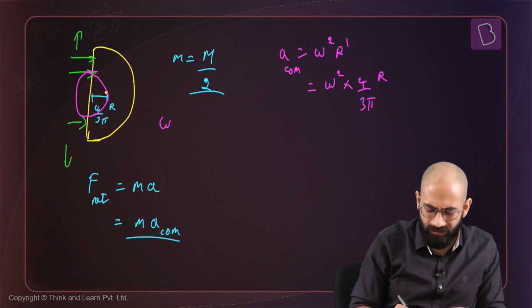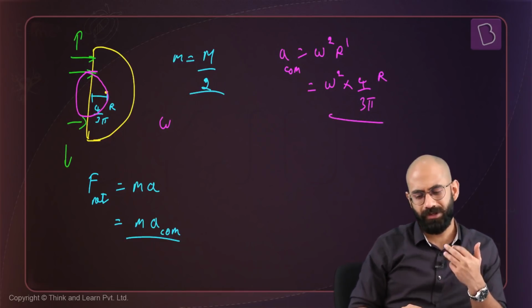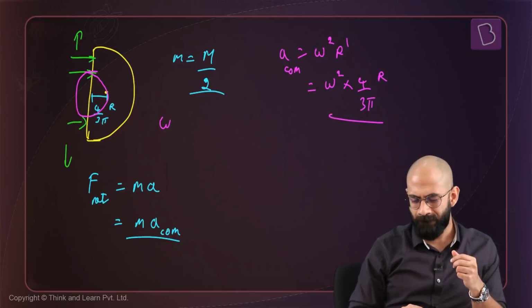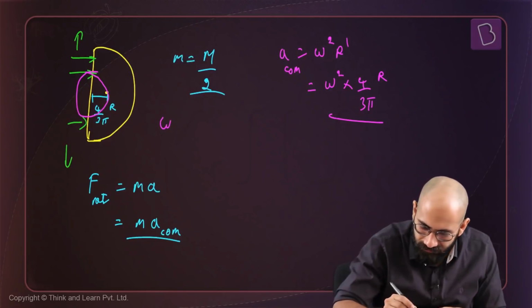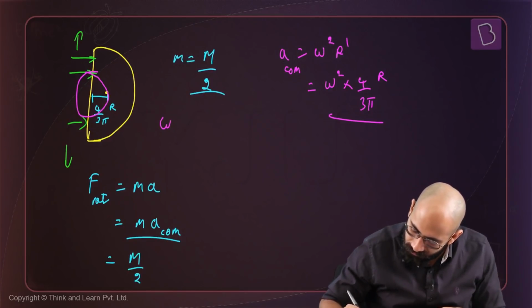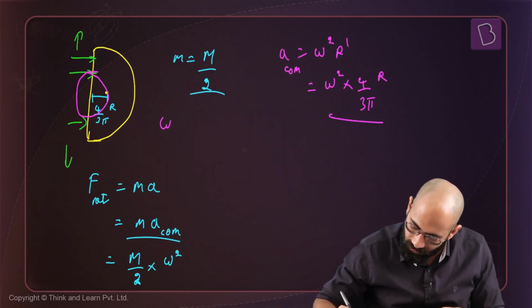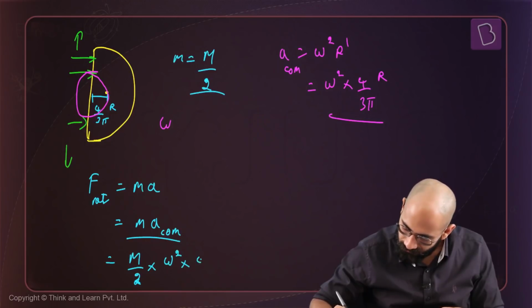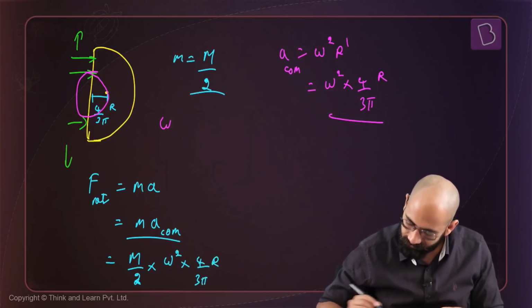Then, if we know that this is the acceleration, then this into the mass of this body should give us the net force, right? So if I substitute this over here, I'll find that this will be equal to m by 2, which is the mass, into omega square into 4 by 3 pi into r.